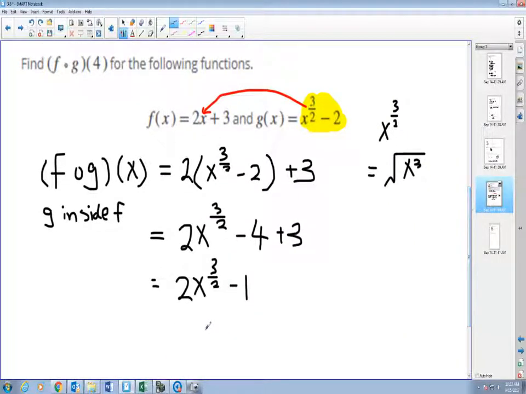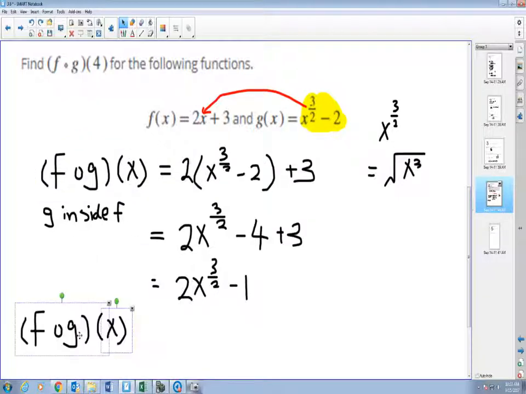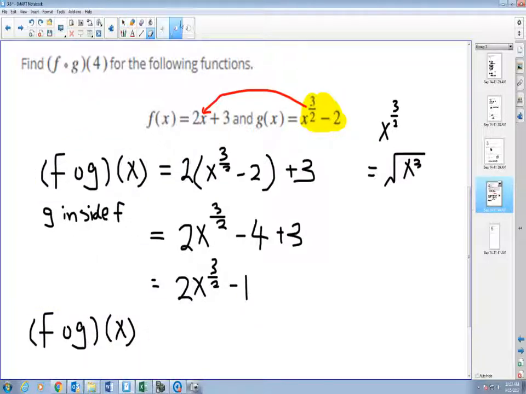Alright, now I'm going to evaluate. So this is my composition of two functions. Now I will evaluate at 4. So I've seen students plug in 4 right here, plug in 4 right here, right off the bat. No, we have to put the function in there, then we evaluate.